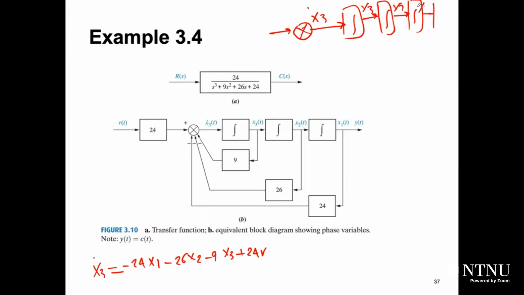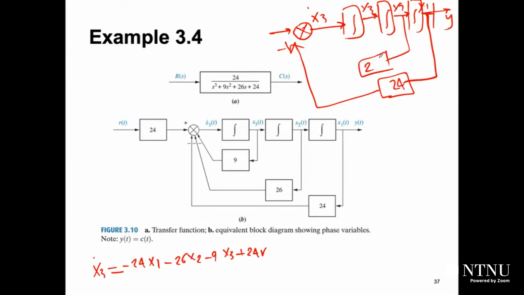The output here will be x1. Now look at the equation: x3 dot is minus 24x1, minus 26x2, minus 9x3, and 24r, so we need a gain of 24 multiplied by the input.